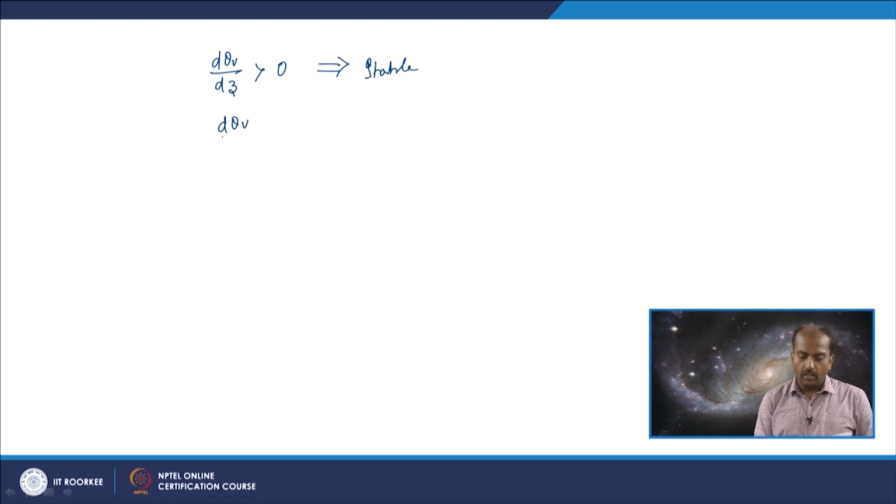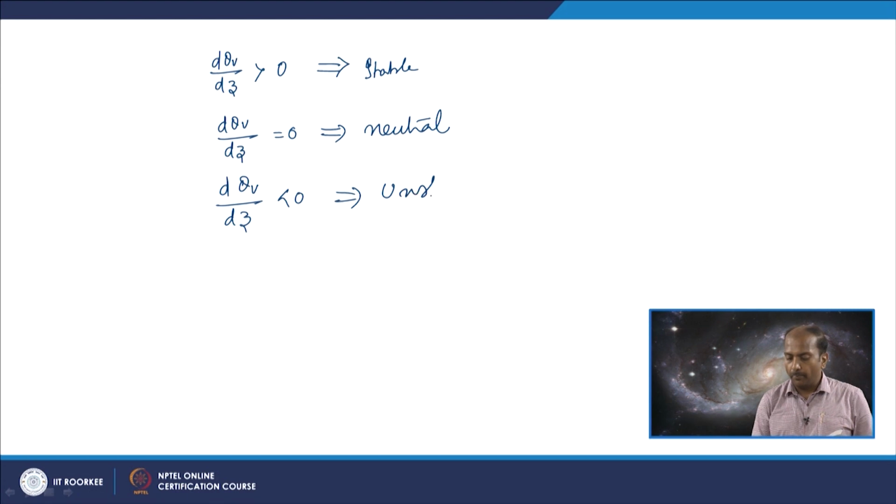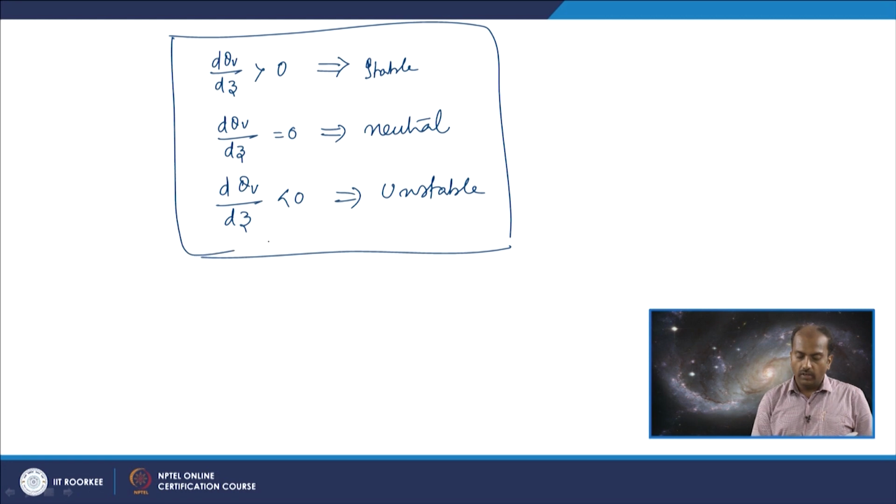When d theta v by dz is equal to 0, we have neutral. When d theta v by dz is less than 0, we have unstable equilibrium. This is how we write the various types of stability criteria in terms of different lapse rates and temperatures.